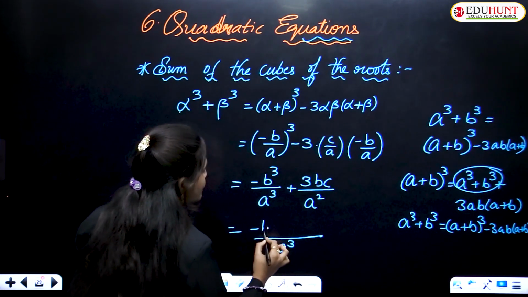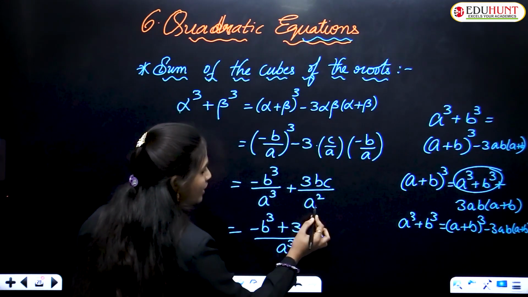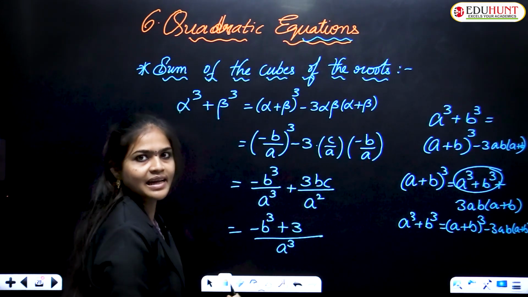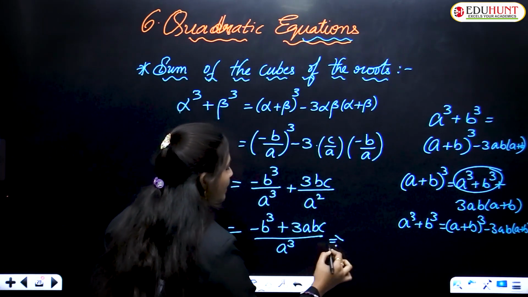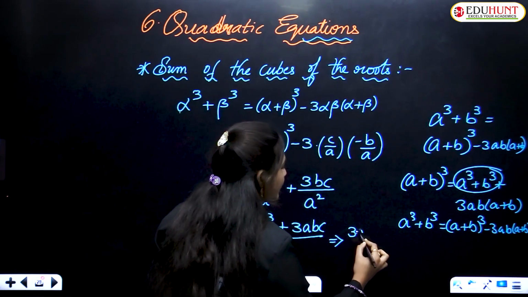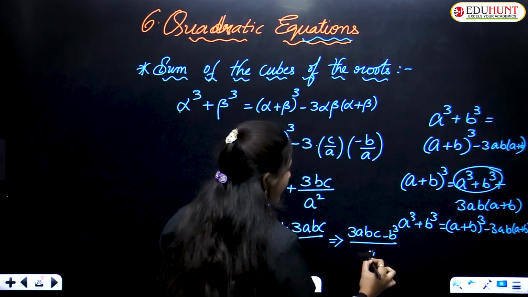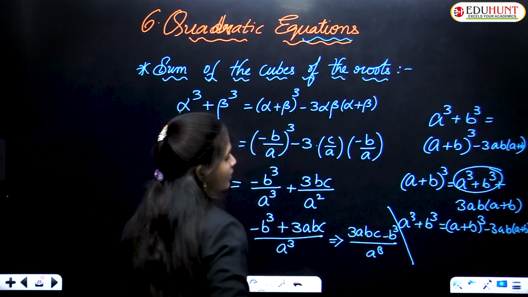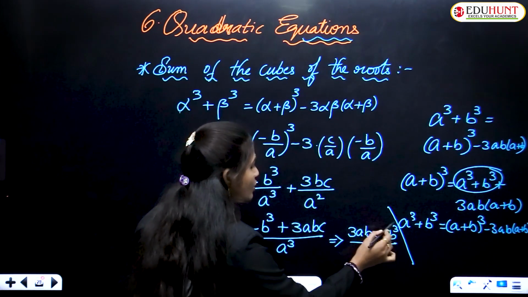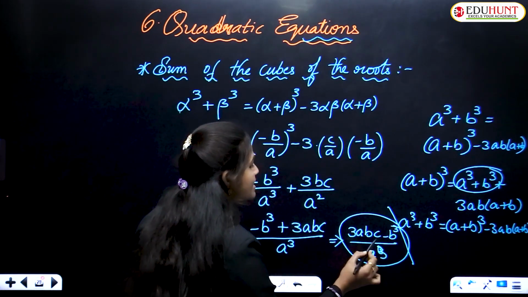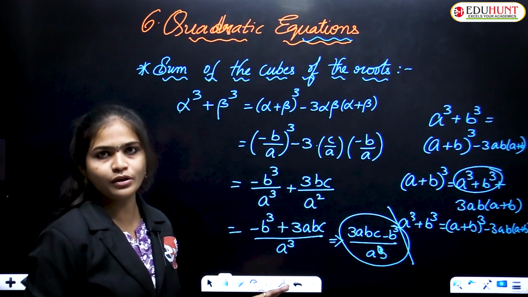Here a appears only 2 times, and here 3 times, so that's why we get 3abc. We can write this as 3abc minus b cube by a cube. So this is the formula for the sum of the cubes of the roots.